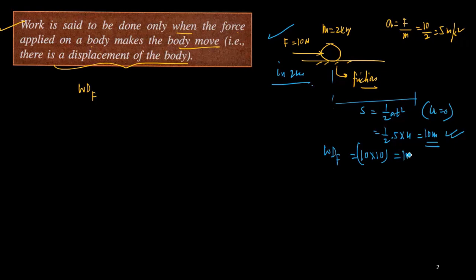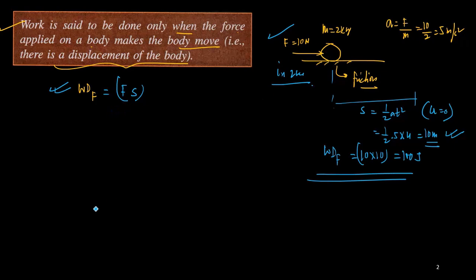So what you see in this exercise is that whenever a force is applied on a body, only if there is a displacement can I calculate the work. Work is calculated as the product of force and displacement. But one important fact about this calculation is that you also consider the angle between the force and the displacement.